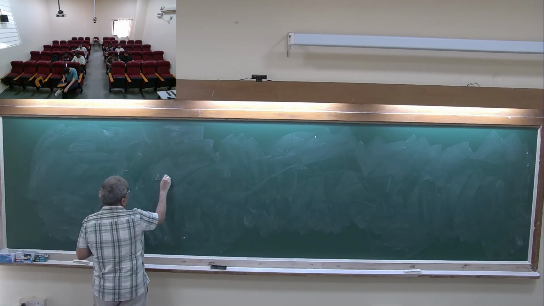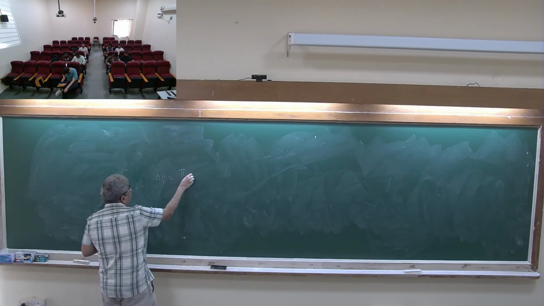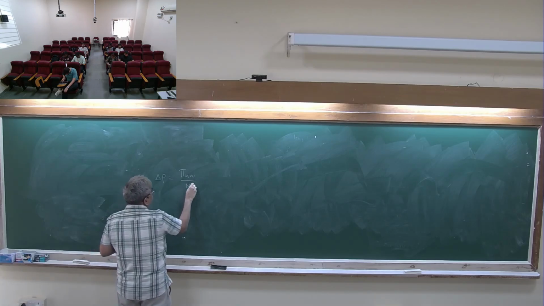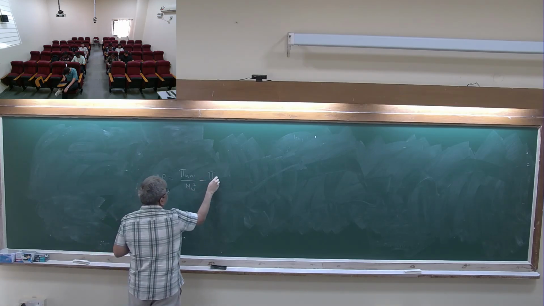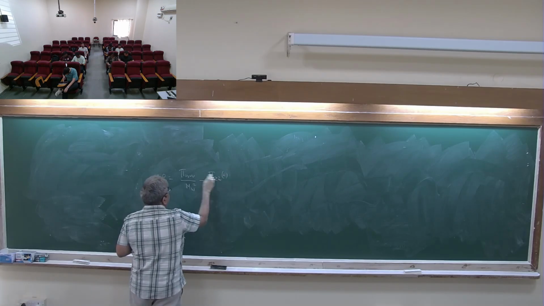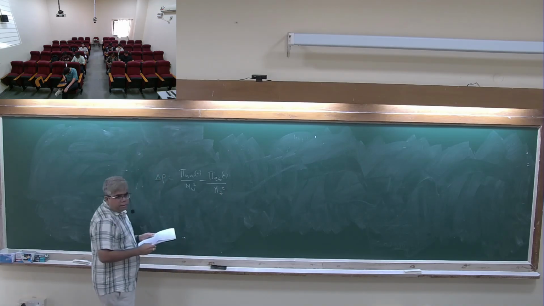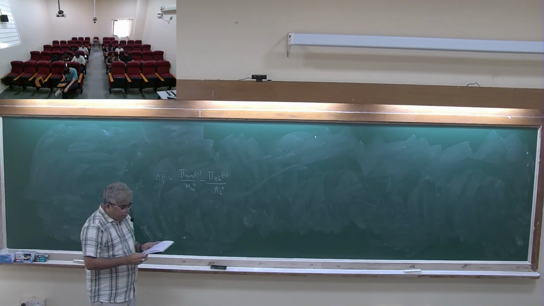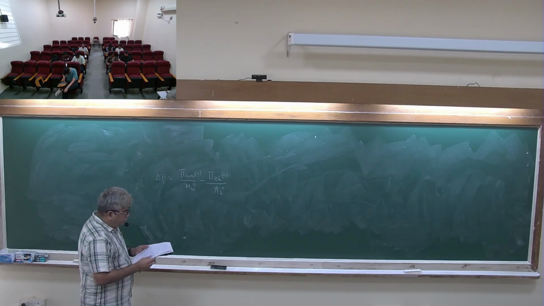delta rho is equal to pi WW by MW square minus pi ZZ by MZ square. Is it right? That's what I think we used essentially. So okay, we can use various forms.